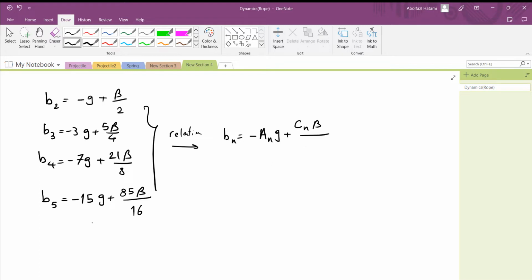For example, if n was 4, in the denominator of the second part we had 2 to the power of 4 minus 1, and for 3 we had 2 to the power of 3 minus 1. So for n we have 2 to the power of n minus 1. But what are an and cn?